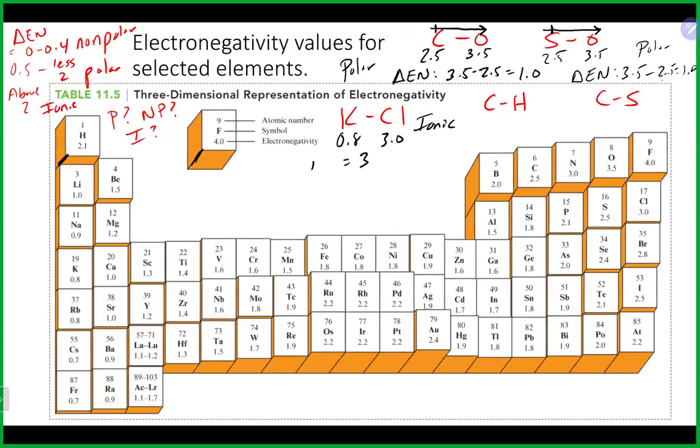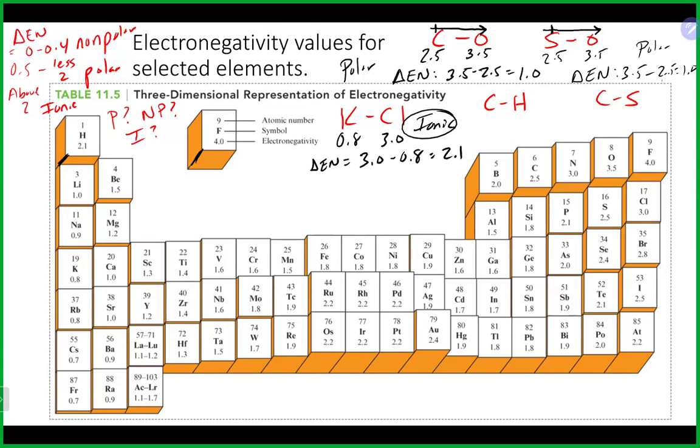That's going to give us a difference in electronegativity of 3 minus 0.8, so 2.1. That definitely is above 2. But once again, you really don't need these values to determine that. As soon as you see metal, non-metal, it's ionic all day. Don't even waste your time with electronegativity values. You can figure it out just basically based on that.